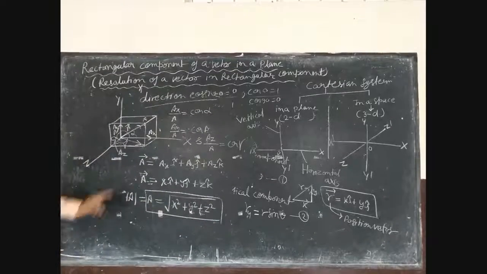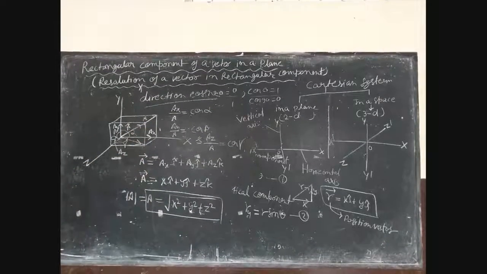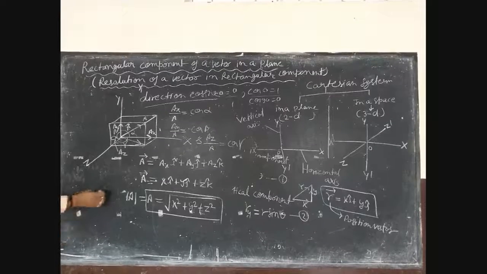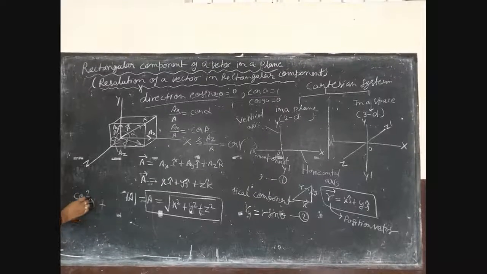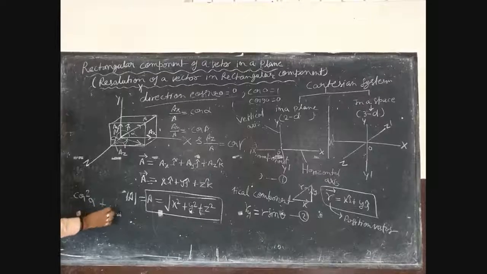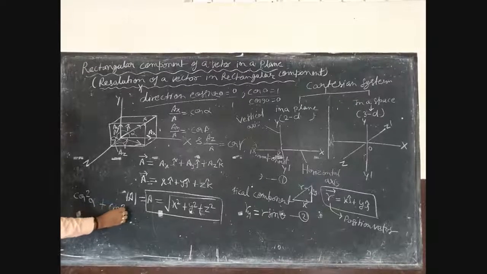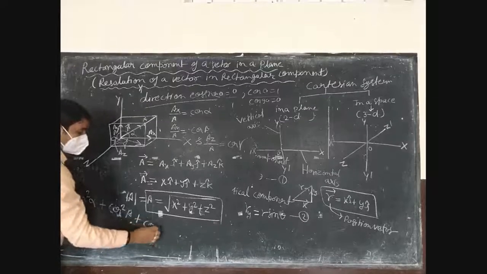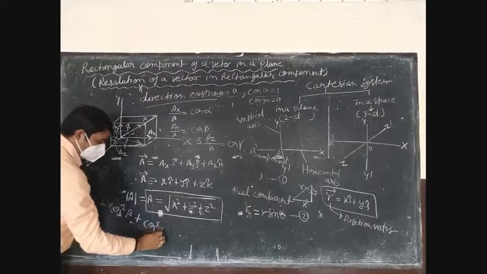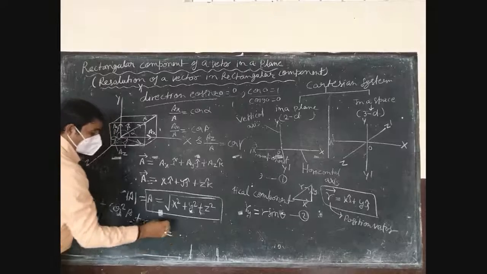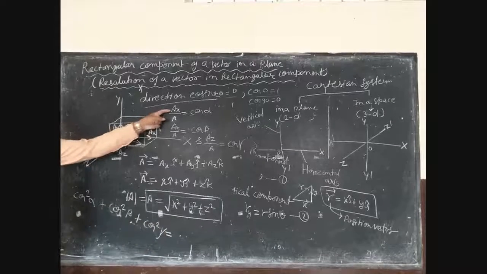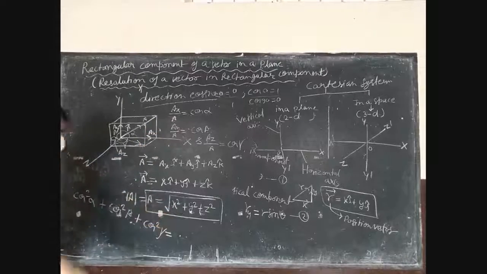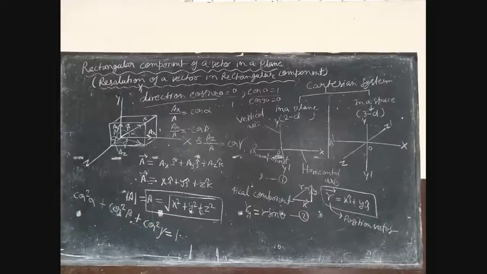Now when we add all three after squaring, we get cos square alpha plus cos square beta plus cos square gamma is equal to 1.